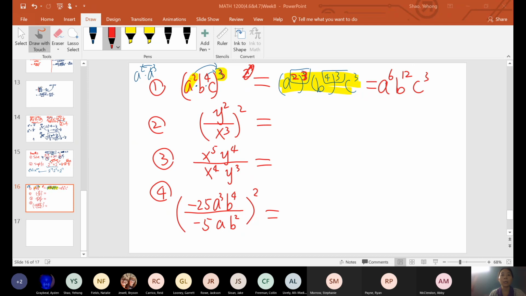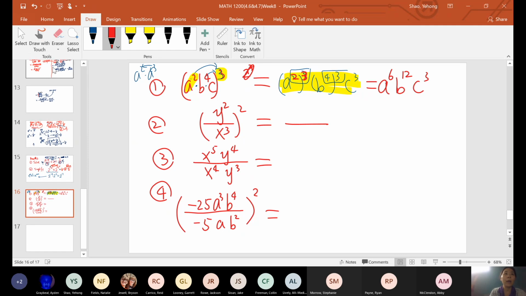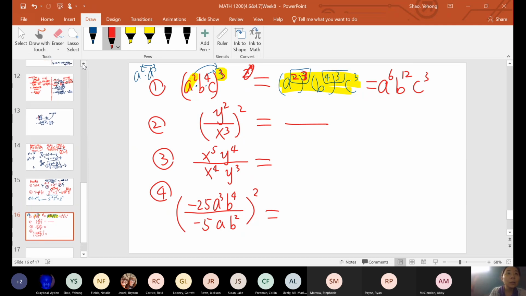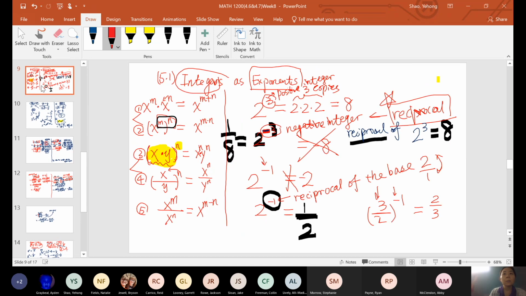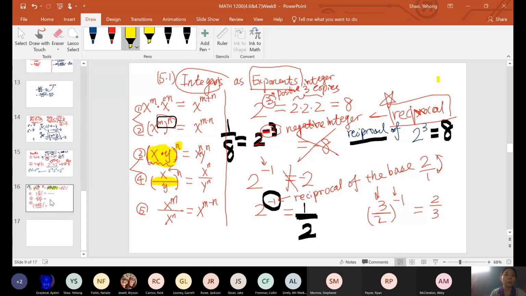Okay, now next, let's look at the second one. The same thing. I mean, you may skip this step, but in the formula that we said, okay, let me find the formula. Besides multiplication, if you have division in the base, you can still raise the top and the bottom to that exponent.